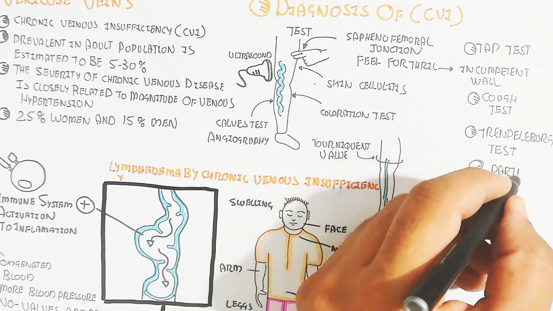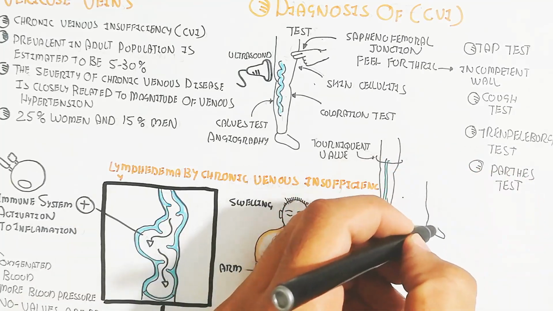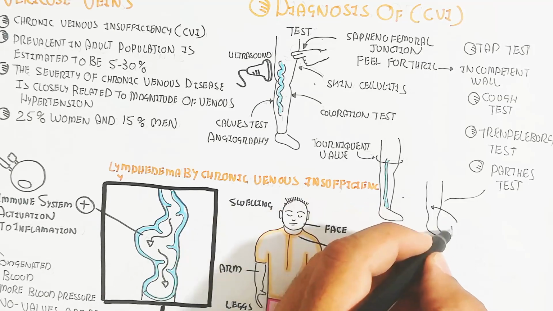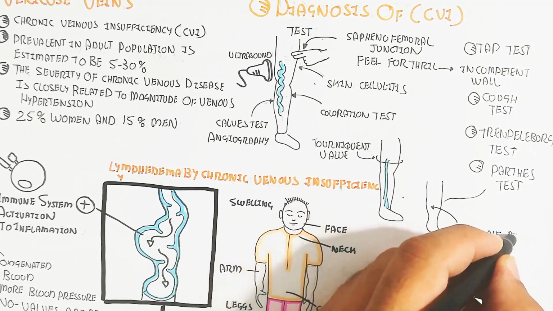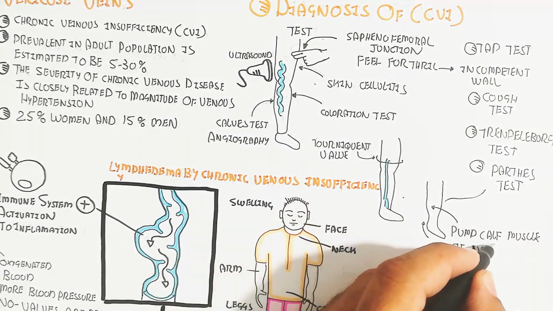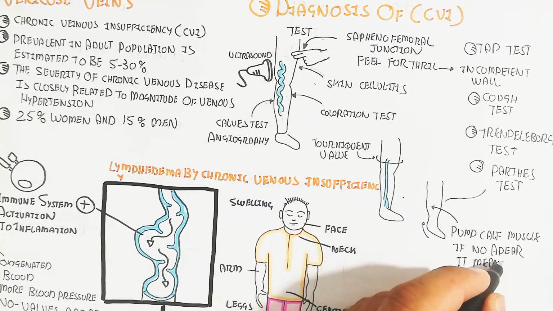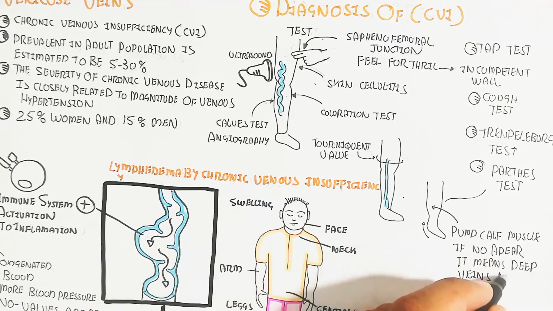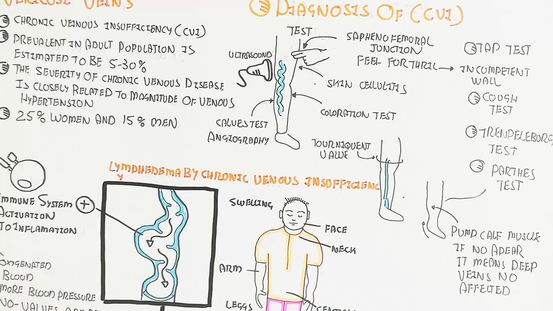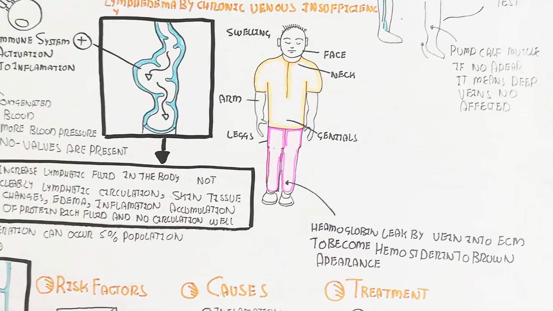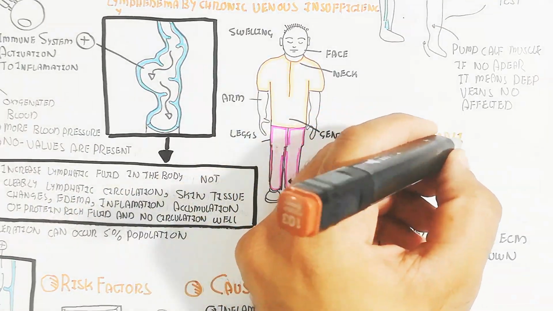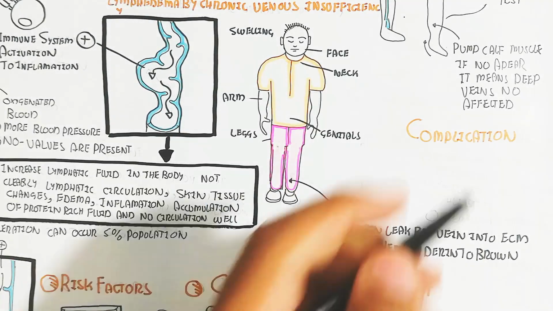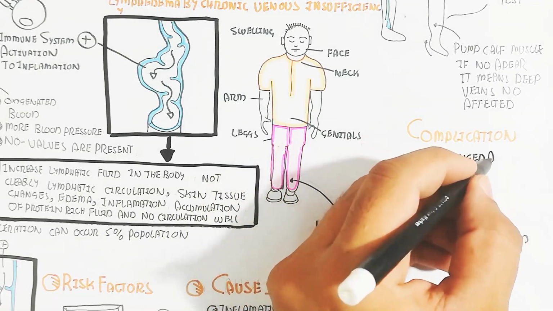On the other hand, the skin cellulitis test, if present, it means something. When you put your hand and check this test. On the other hand, the pump cough muscle test, if no sign appears, it means the deep vein is not affected. If we pump the cough, we can show the varicose vein.